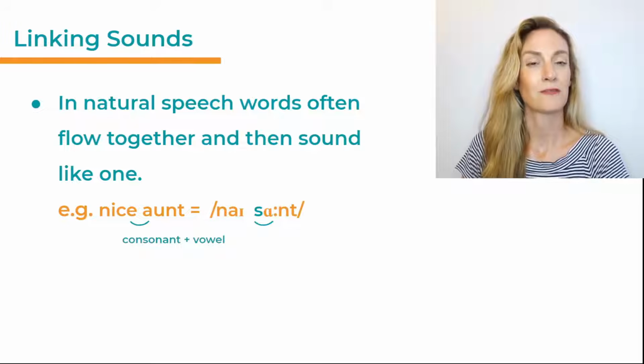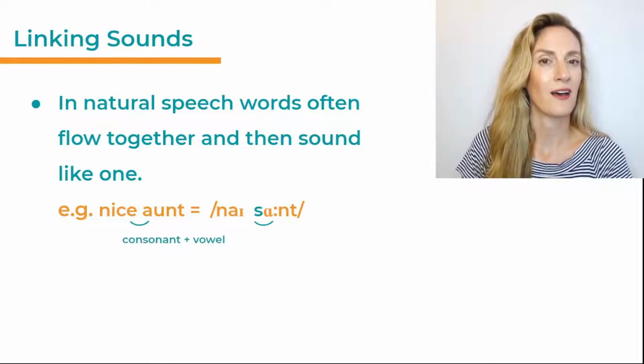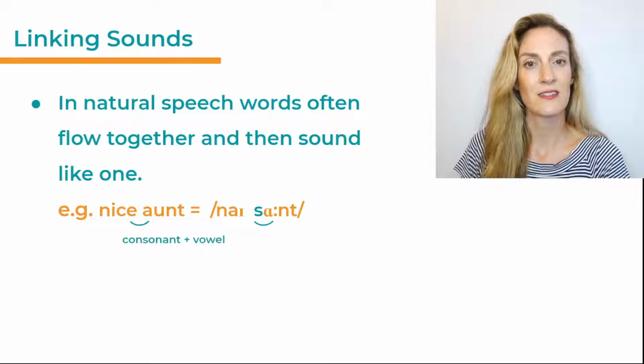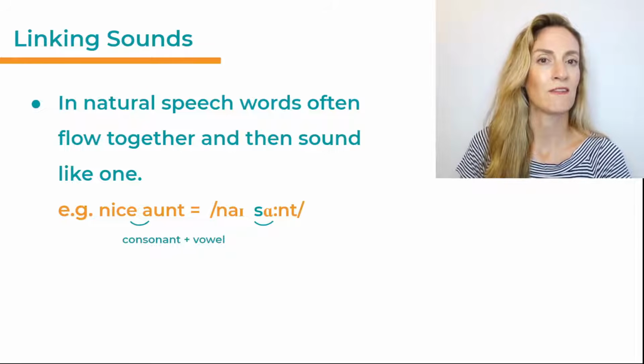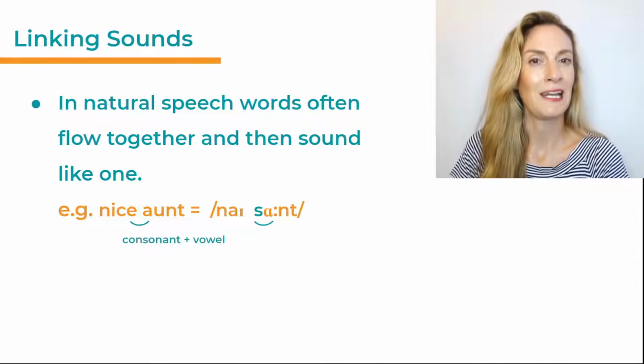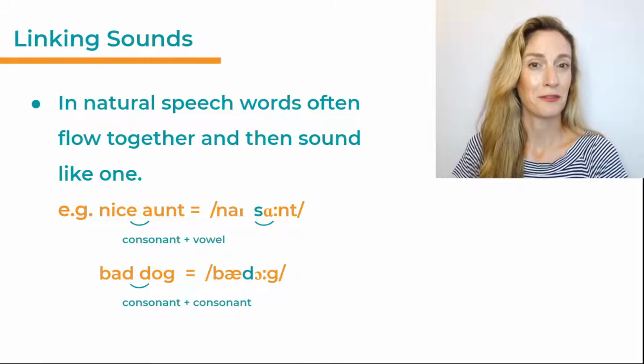The s from nice joins with the next word, aunt, and becomes sant, nice aunt, nice aunt. So the consonant s joins with the following vowel in the next word, and this is what we mean by linking sounds.